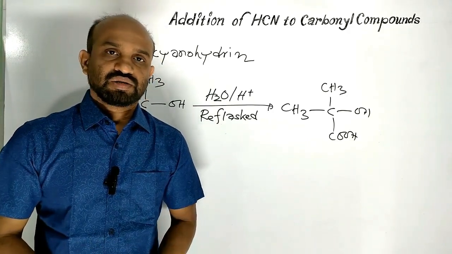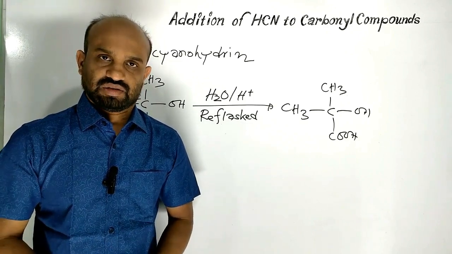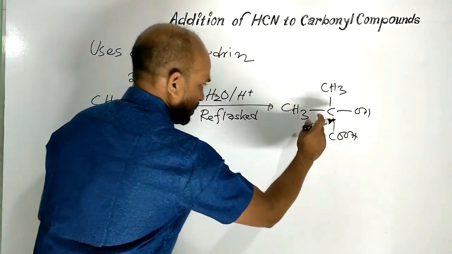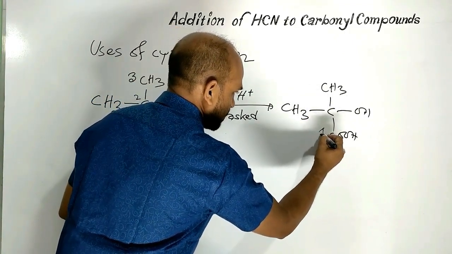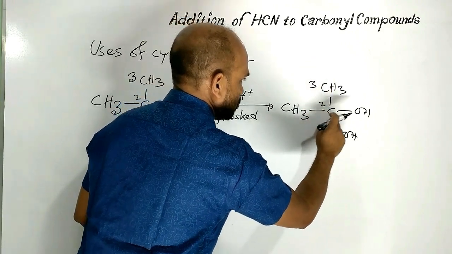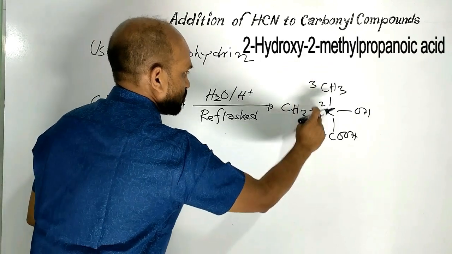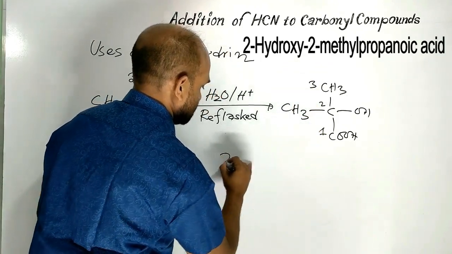This is the importance of this reaction to produce carboxylic acid. Here, functional group carbon is numbered by 1, 2, 3. This is 2-hydroxy 2-methyl propanoic acid.